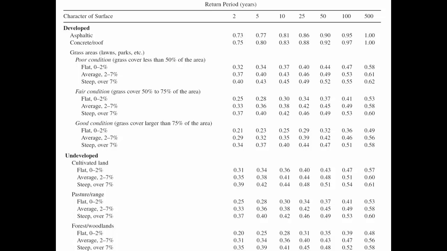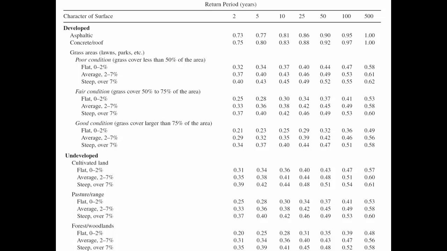So the area of the housing was 18 hectares, the area of the rail yard was 4 hectares, and the area of the lawns was 12 hectares. So we will come up with a weighted average, a composite C value.